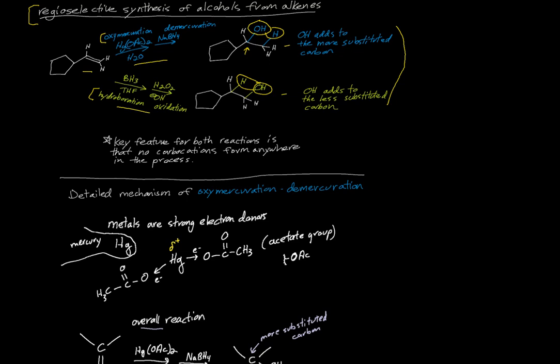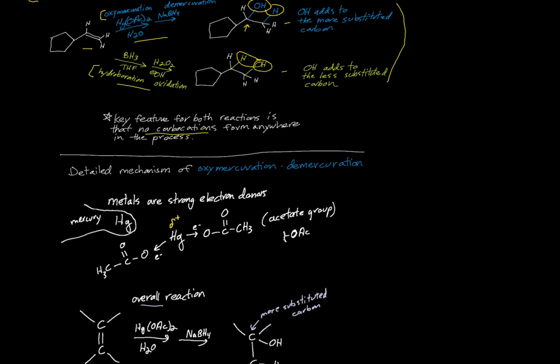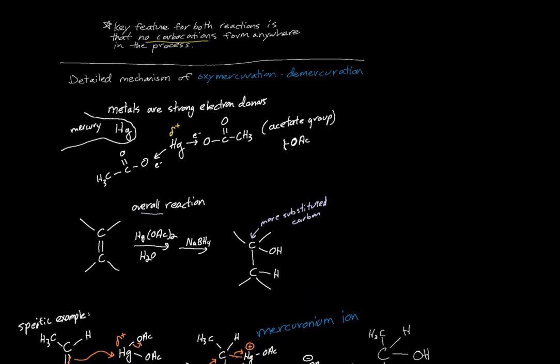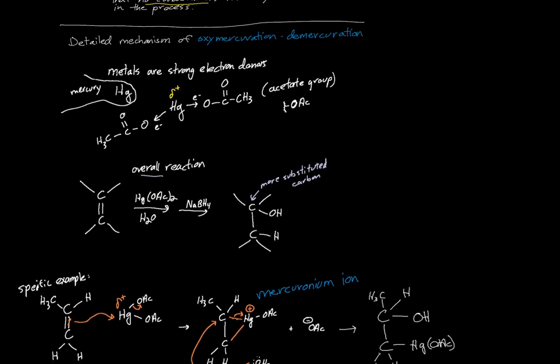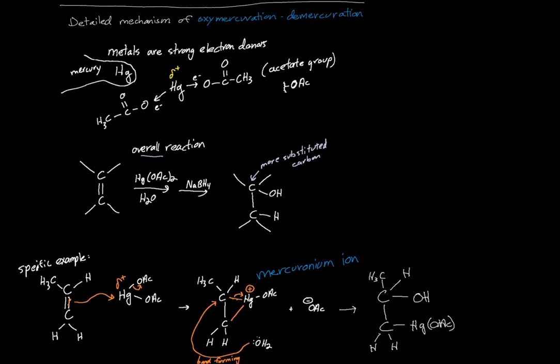The key feature that gives these reactions this kind of specificity is that no carbocations are formed anywhere during the process. And we've seen already, the formation of carbocations is problematic in various ways. So by avoiding the carbocation formation, specificity is achieved. But you won't understand this until you look at the detailed mechanisms.